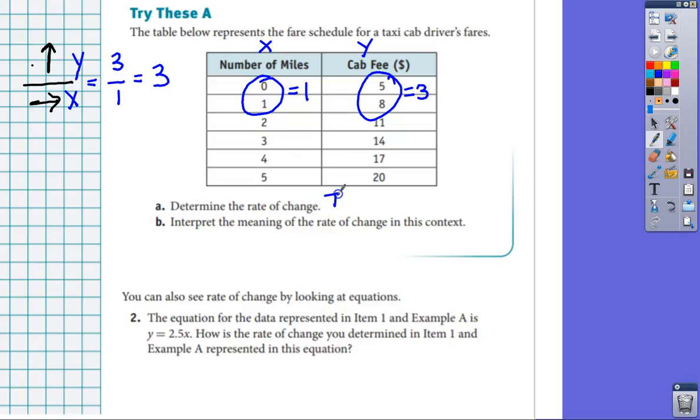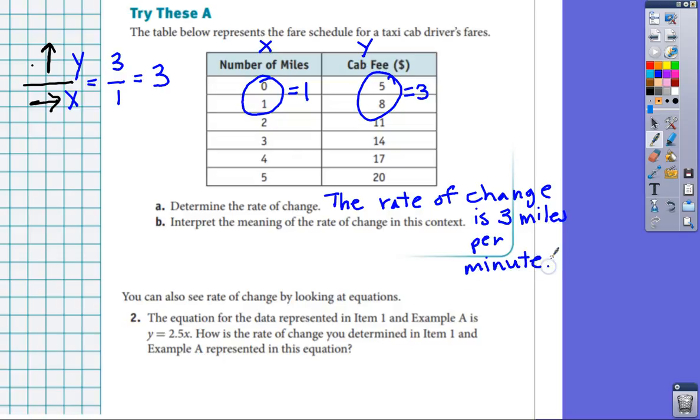So the rate of change is 3 miles per minute. We want to make sure we get that label on there.